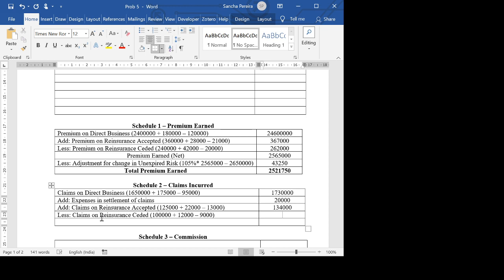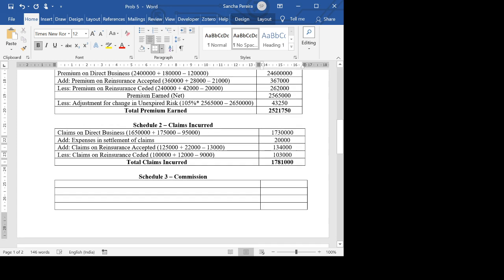So it comes to 1 lakh 3,000. So finally, the total claims incurred are, after doing all that calculation, 17 lakhs 81,000.